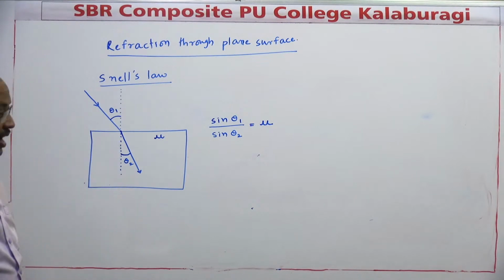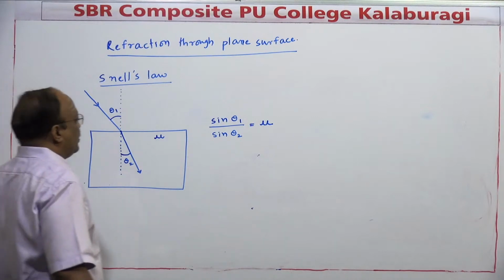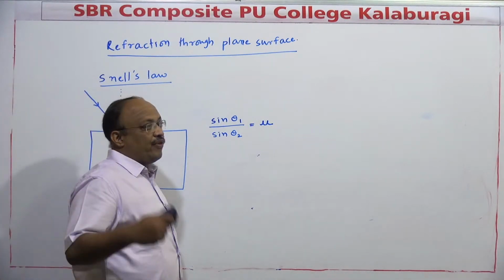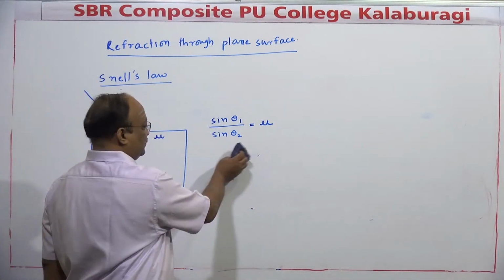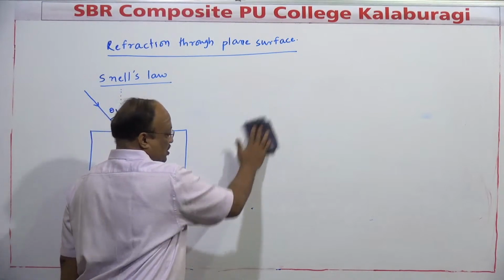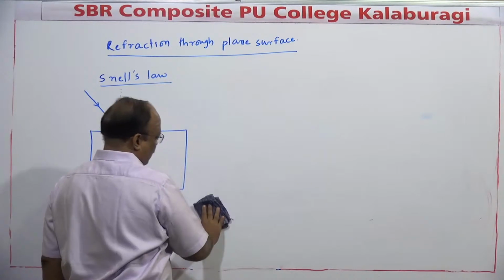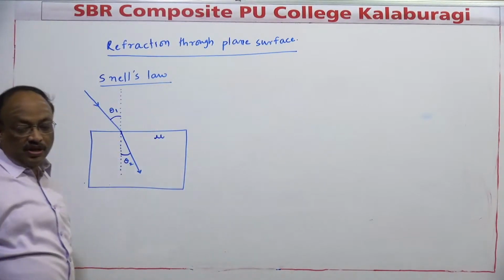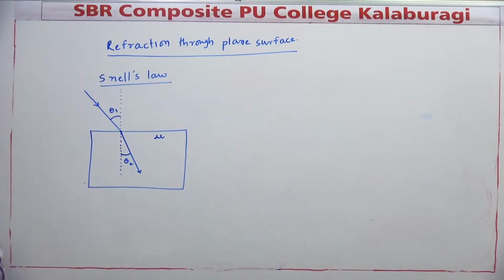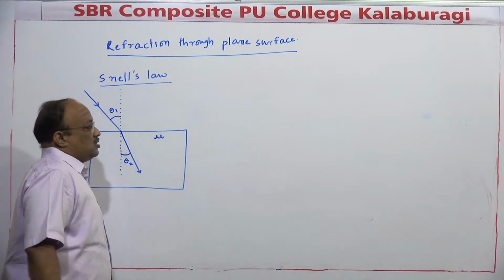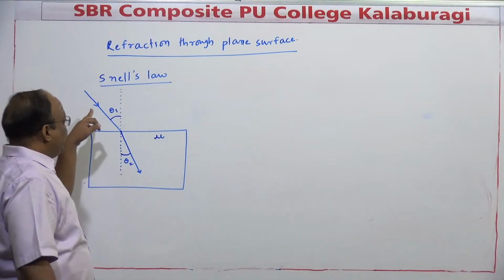So this Snell's law, we write it in vector form. What does the first law say?